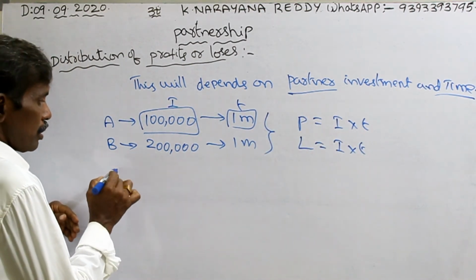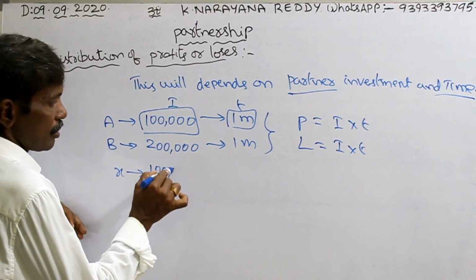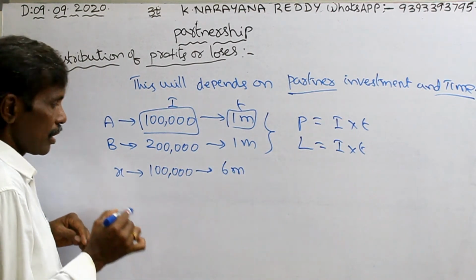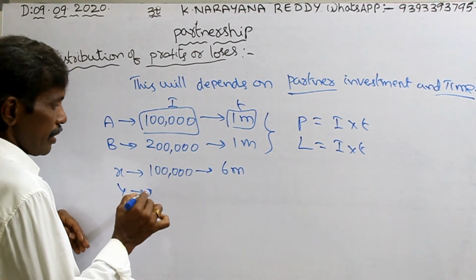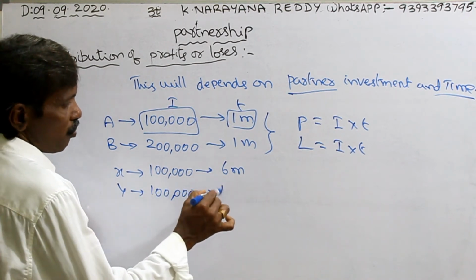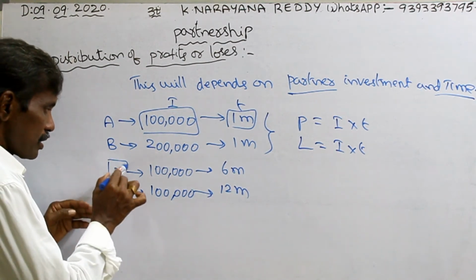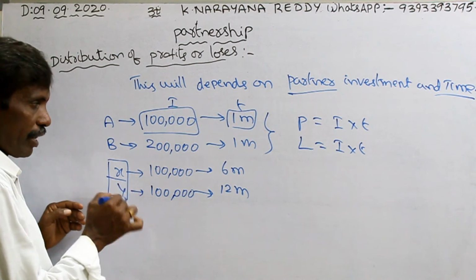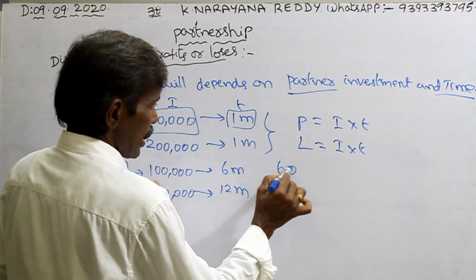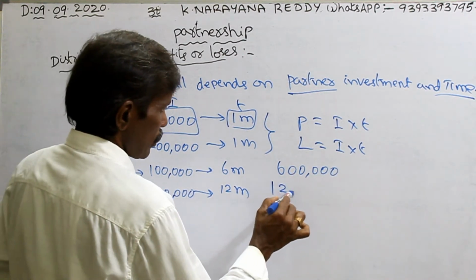Take another example. X is a person investing 1 lakh for 6 months, and Y is a person investing the same 1 lakh for 12 months. That means for these two persons, X and Y, profit or loss depends on this: 6 months means 6 lakh, and this one is 12 lakh.